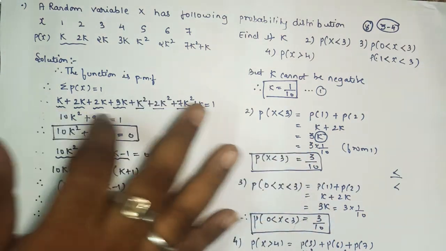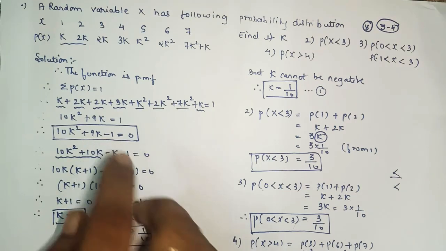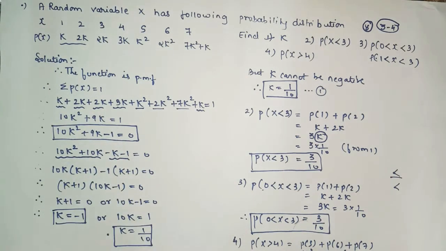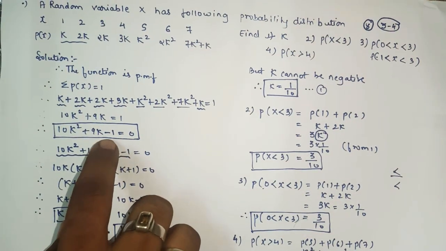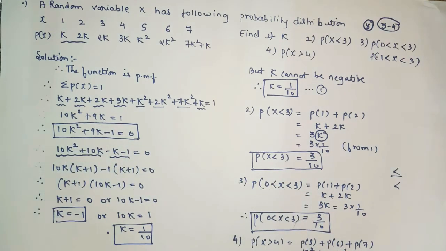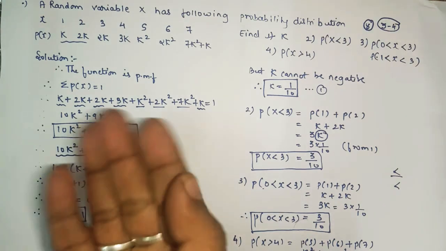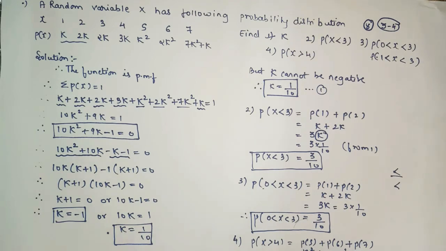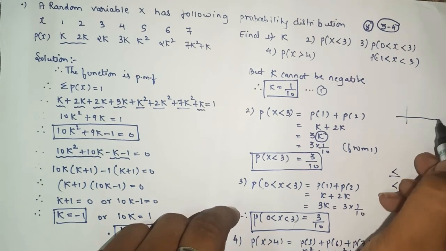Whenever you have a k, you will get three types of equation here. One, if it is a linear equation, one side alphabet, one side number. If it is a quadratic equation, you will split the middle term and apply the factorization method. If the power of the variable is more than 2, it is a proper polynomial, so you have to solve the sum by the synthetic division method.